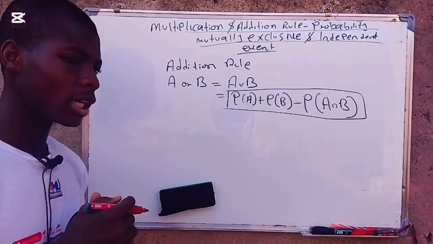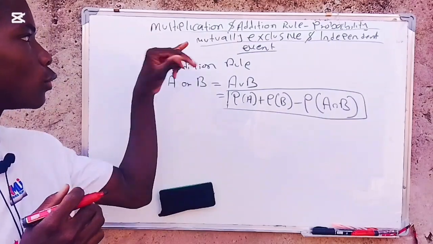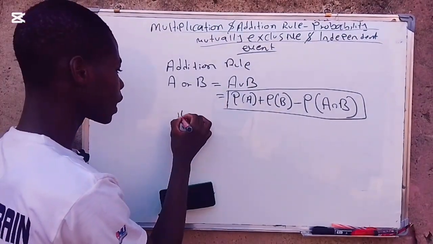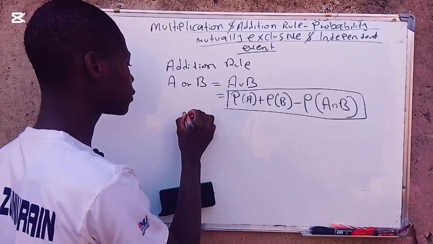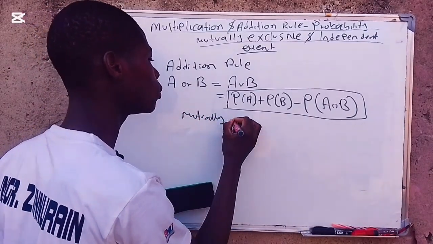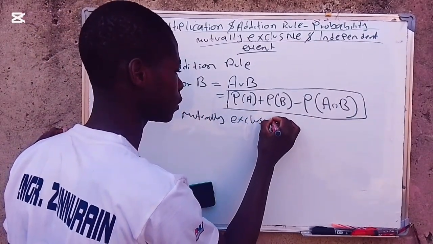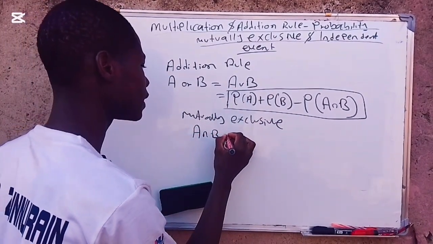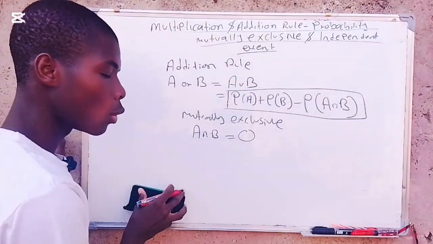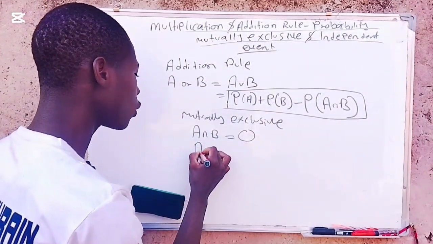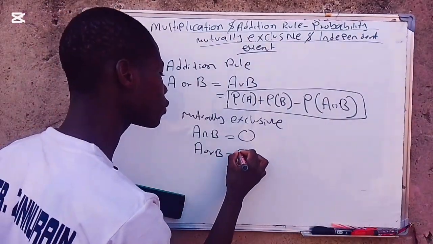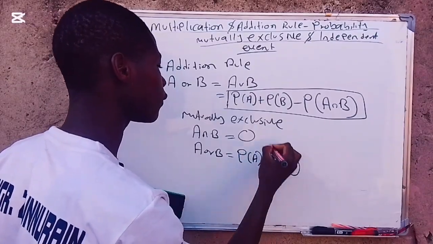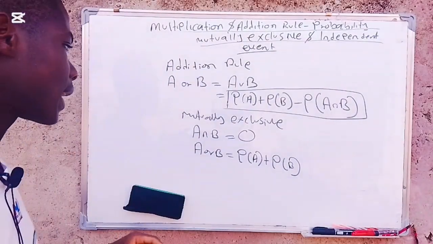But there is one thing that I need you to know in mutually exclusive. If A and B are mutually exclusive, the probability of A and B is equal to 0. While the probability of A or B is equal to the probability of A plus the probability of B. You have to take note of that.